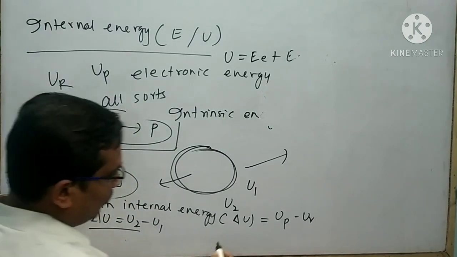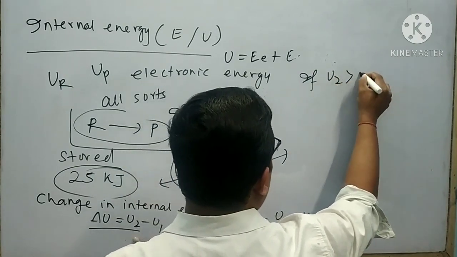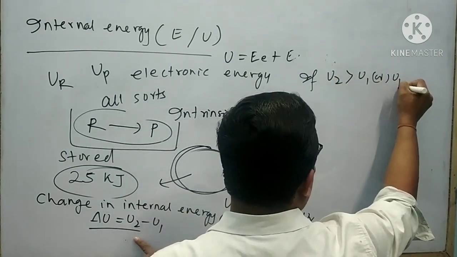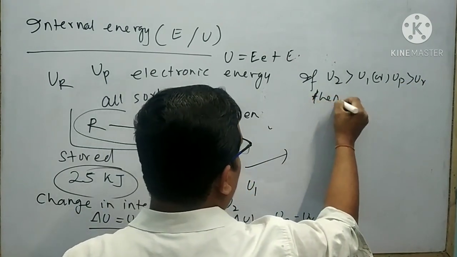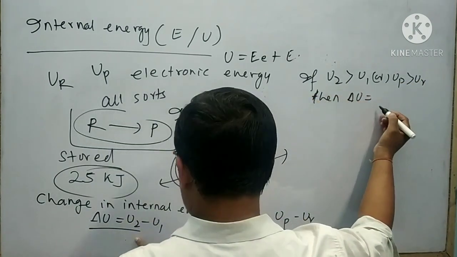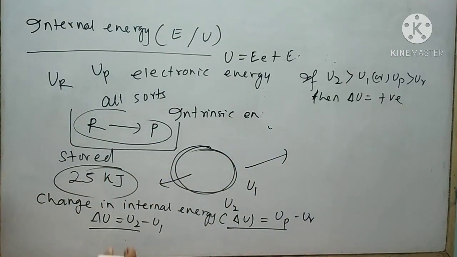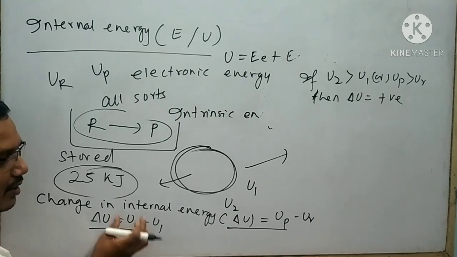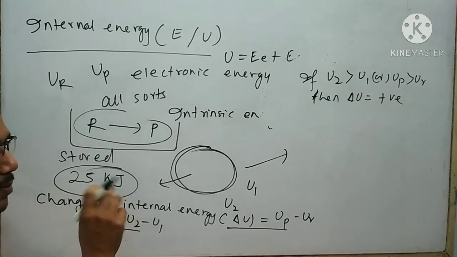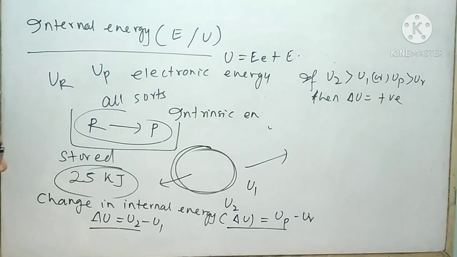Remember these two relations. If U2 greater than U1 or UP greater than UR, then del U equal to positive, because this is greater than this. That means we know that a greater integer minus a smaller integer gives a positive value.